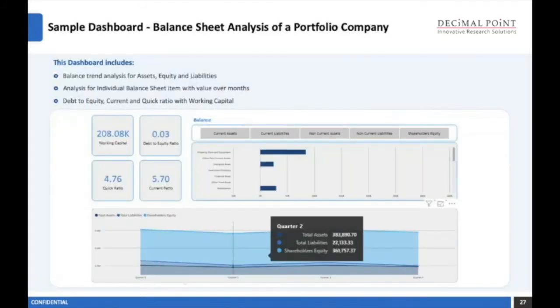Apart from some of the risk-related parameters or investment valuation-related parameters, on a regular basis, portfolio managers or other stakeholders would like to know how certain basic parameters relating to balance sheet or in fact P&L have moved. What are the trends?